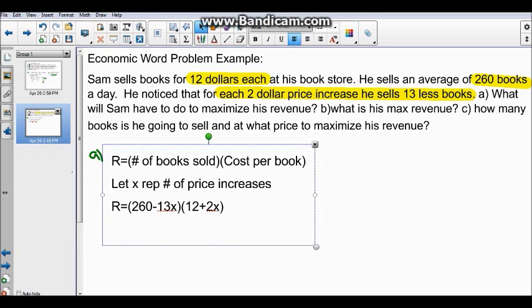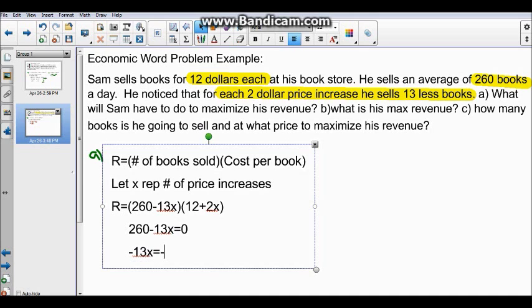So now I'm going to solve with each bracket as the equation in factored form. Or you can expand and simplify, and then use the formula negative b over 2a, since the equation will be in standard form, and then find the axis of symmetry and the optimum value, but I prefer doing this method. So I'm going to let each of the brackets equal 0 and solve. 260 minus 13x equals 0, divide by negative 13 on both sides, and x equals 20.